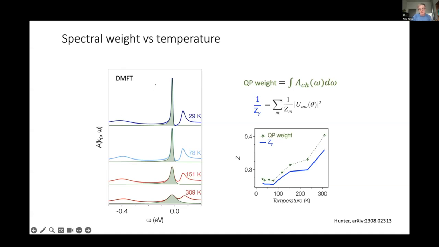And we look at the peak that derives from the gamma band, and we fit an error range around the peak to extract the quasi-particle weight. Then we compare, and what we obtain is that Z, defined as the integral of this peak, increases with temperature, and this is consistent with what you also find if you start from the slope of the real part of the self-energy, which is the blue line.